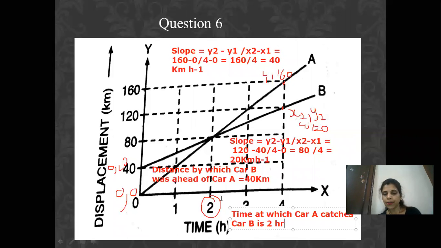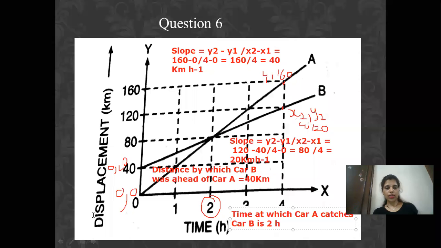Now after that, when you're writing hours, you write H or HOUR. Okay, so write H for symbolizing hour. After that, they are asking another question.